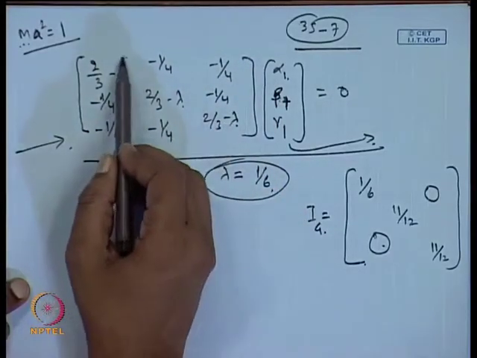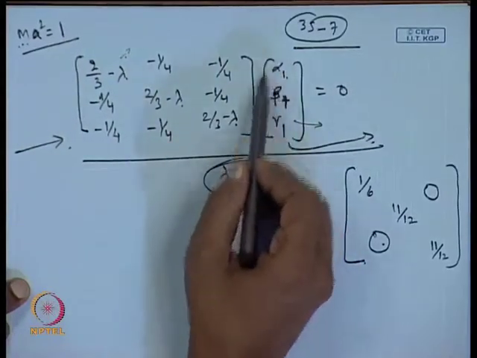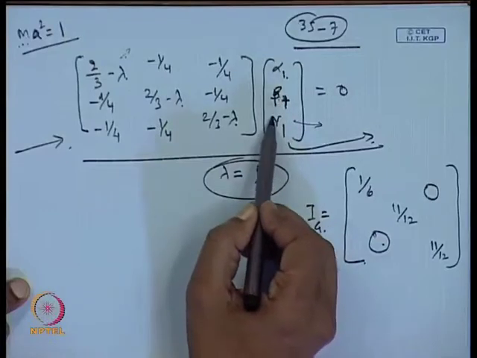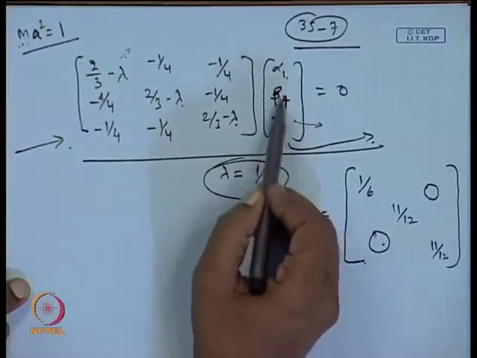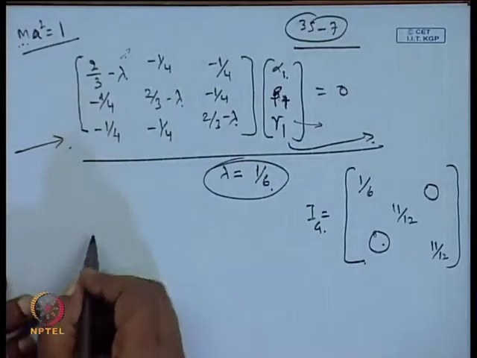Once eigenvalues are determined, now we are set for finding the eigenvectors, which are given by alpha 1, beta 1, gamma 1. This is one eigenvector whose components alpha 1, beta 1, gamma 1 are to be determined.